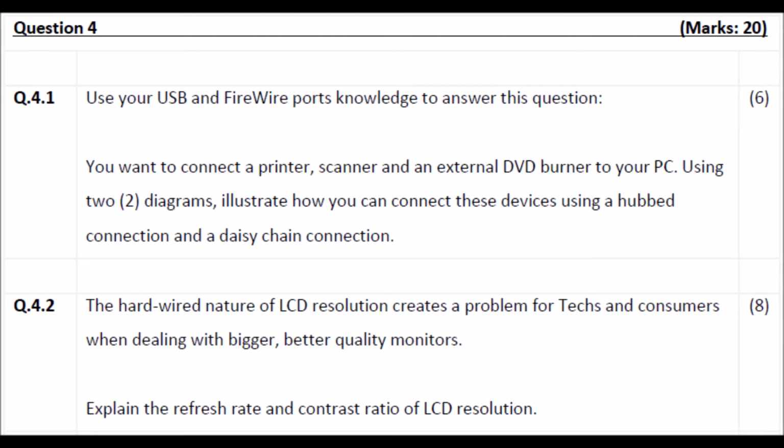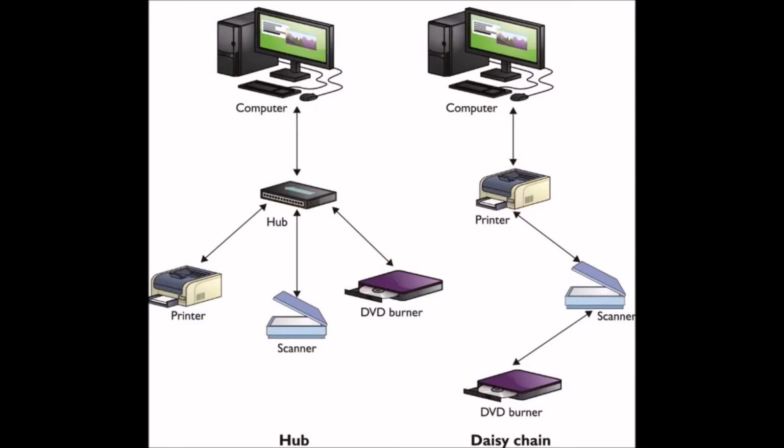On the other hand, with Firewire, you're now connecting devices in series or in a daisy-chained platform. So you're connecting devices one after the other. I've incorporated the actual diagram that shows the distinctive difference between a hubbed architecture and a daisy-chained platform.